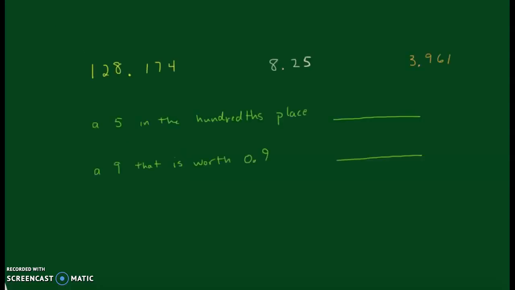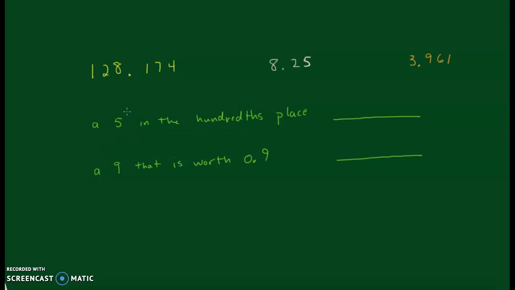All right, for the practice problems at the bottom, they're asking you to choose from a list of numbers based on a statement. So, for example, our statement here, write a number that has a 5 in the hundredths place.